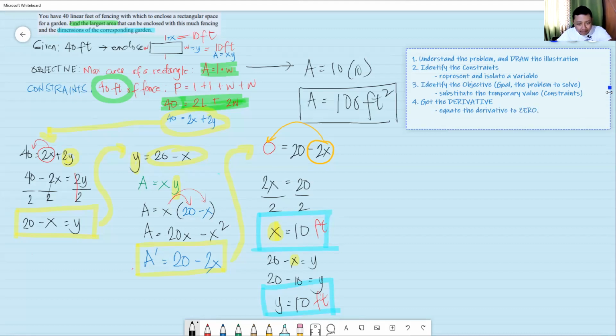Yan, nandun na tayo. After na sinolve, number 5, solve. Solve for the variable. Yan, from the goal muna to. Then after that, solve for the other using the constraints naman.